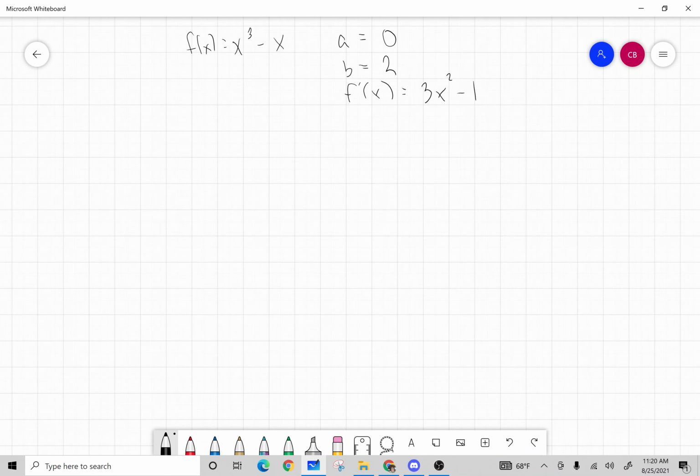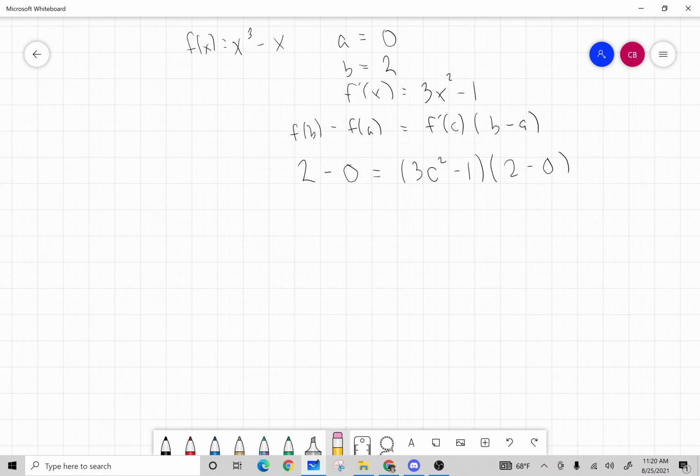Using that formula, we have 2 minus 0. This is f of b minus f of a, f prime of c, b minus a. Okay, so this is going to equal the derivative, which is 3x squared minus 1. Since we're doing c here, we're plugging c in for x, 3c squared minus 1 times b minus a, which is 2 minus 0.